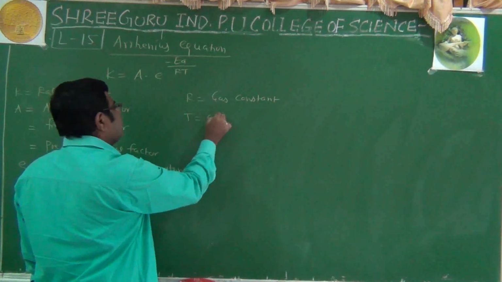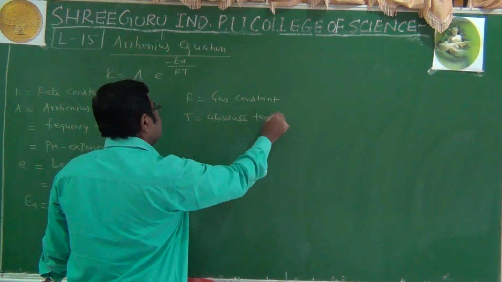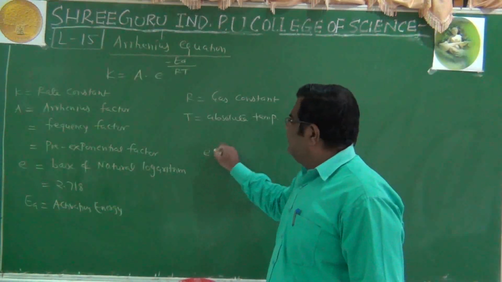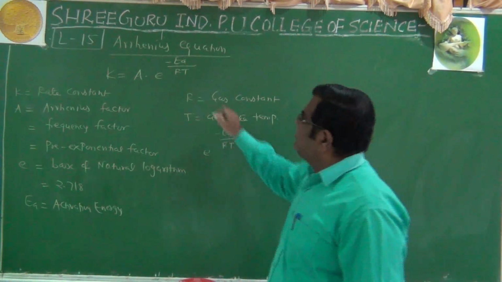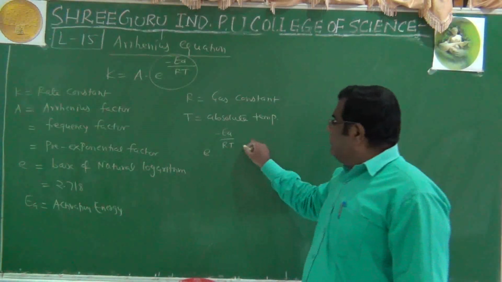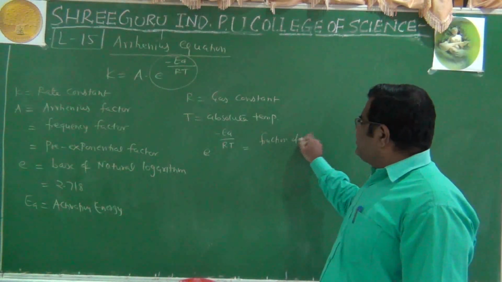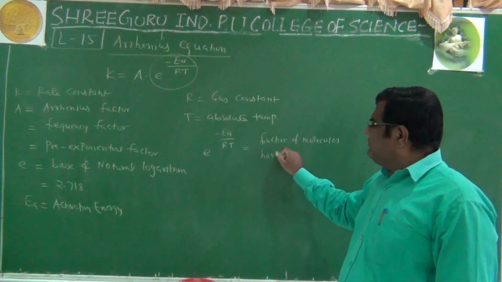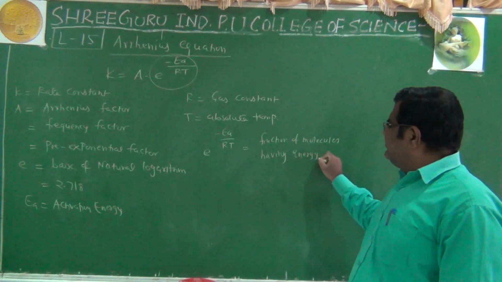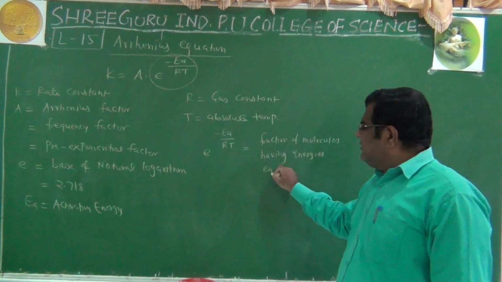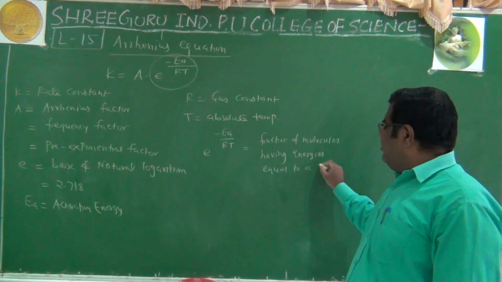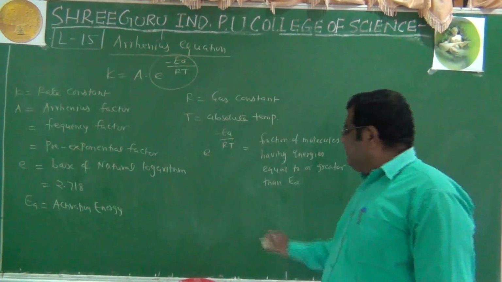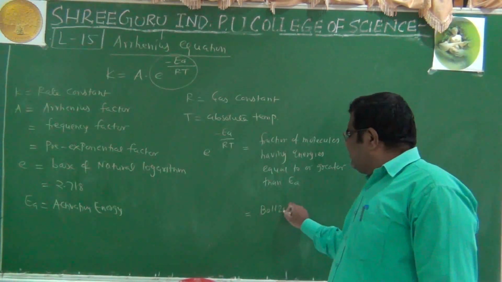R is the gas constant, T is the absolute temperature, and e raised to minus Ea by RT, this factor equals the fraction of molecules out of total molecules having energy, or we say fraction of molecules with energies equal to or greater than activation energy, and this is also called the Boltzmann factor.